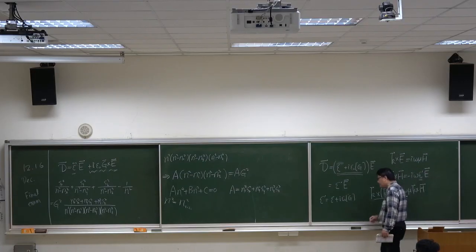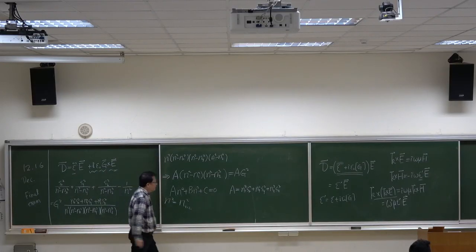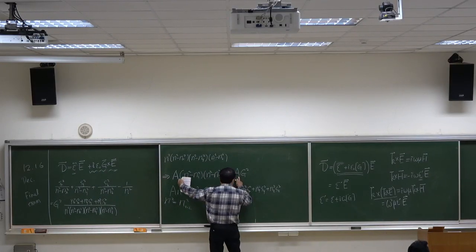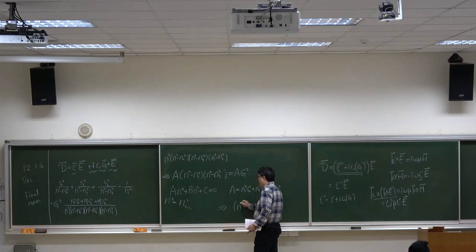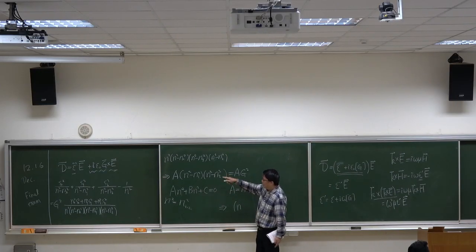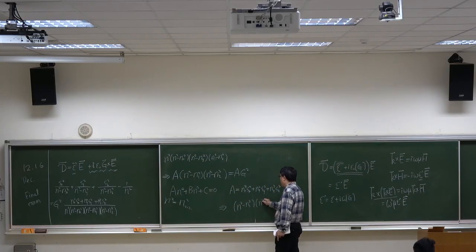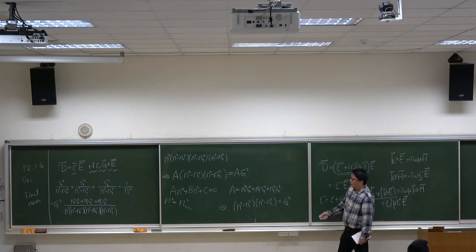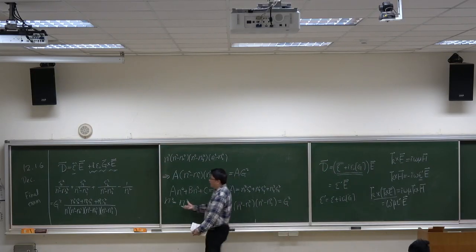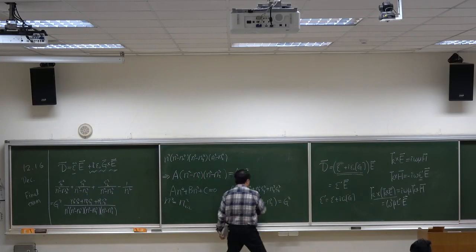Okay, and since A is not equal to 0, we can conclude that after the multiplication with the optical activity term, the result becomes n squared minus n1 squared times n squared minus n2 squared is equal to g squared. Okay, so we can rewrite this complicated expression into this form.